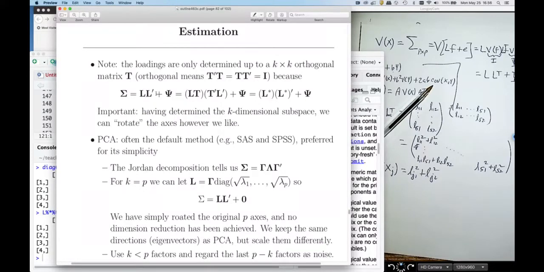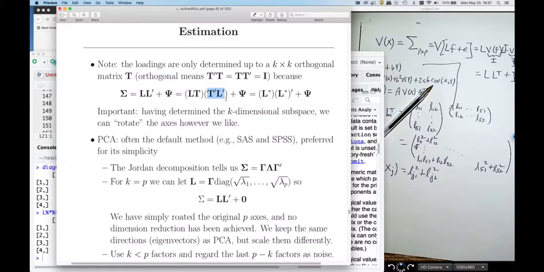This identity is like a 1, and then I could split it out. So this T transpose T is like sticking a 1 in it, but I could separate out the first part, so L times T, and then T transpose times L transpose. And the point I'm trying to make is this is also a decomposition of this covariance matrix that follows the same form, but these loadings are different.